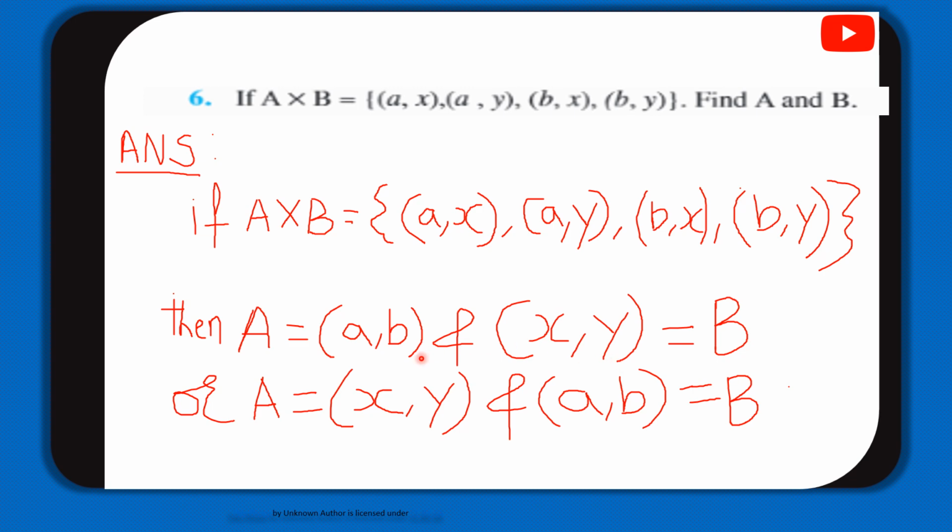Alternatively, the order of the elements in the Cartesian product does not matter, so we also have A equal to {x, y} and B equal to {a, b}. Okay, let's go to the next question.